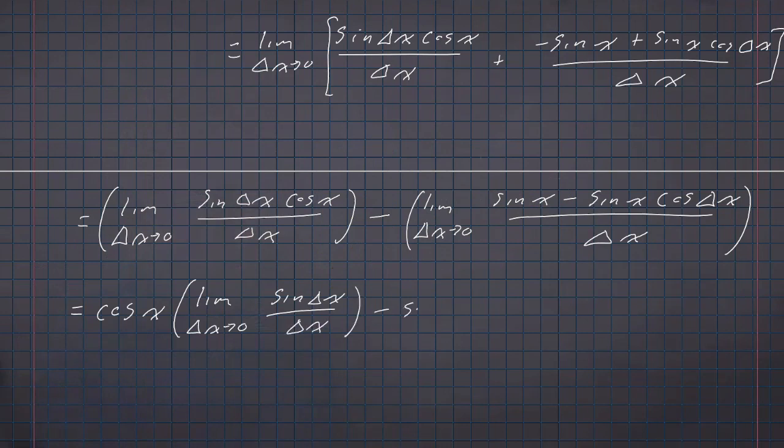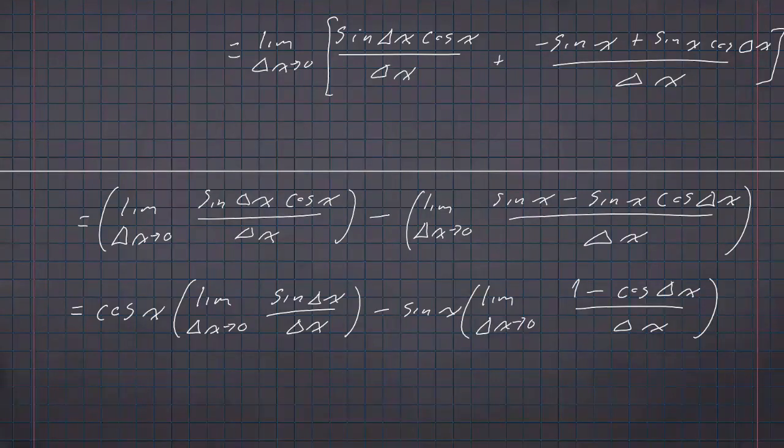And I have sine of x times the limit as delta x goes to 0 of 1 minus cosine of delta x all over delta x.